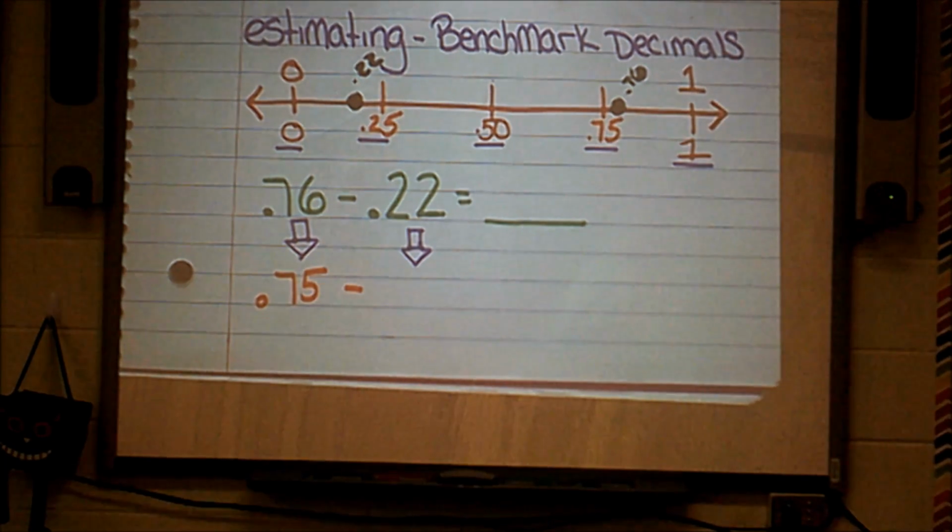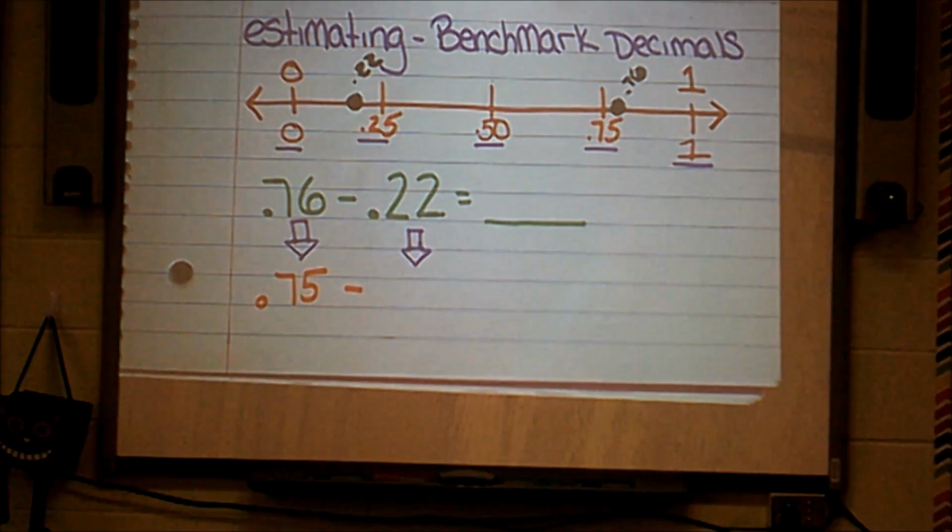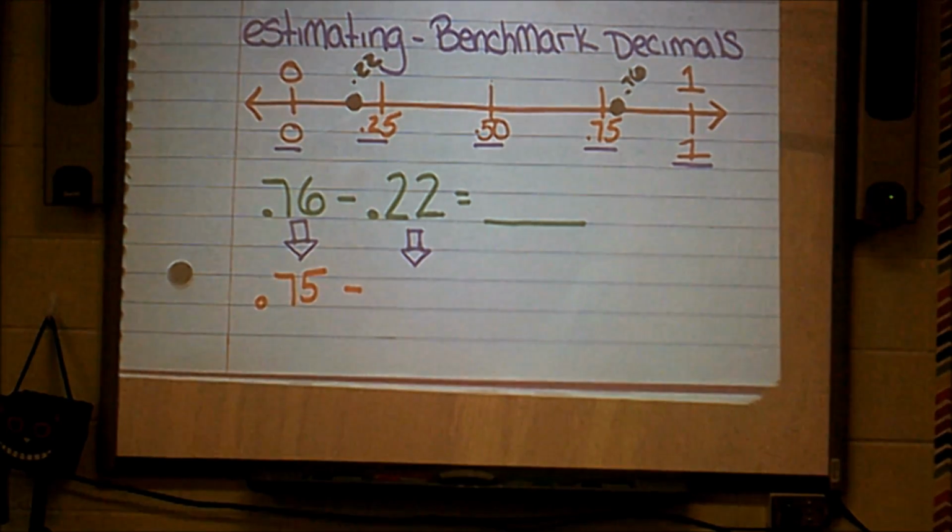When I have that number located on my number line, I can easily determine which benchmark decimal my actual number is closest to. And for my 22 hundredths, the closest benchmark decimal is 25 hundredths.